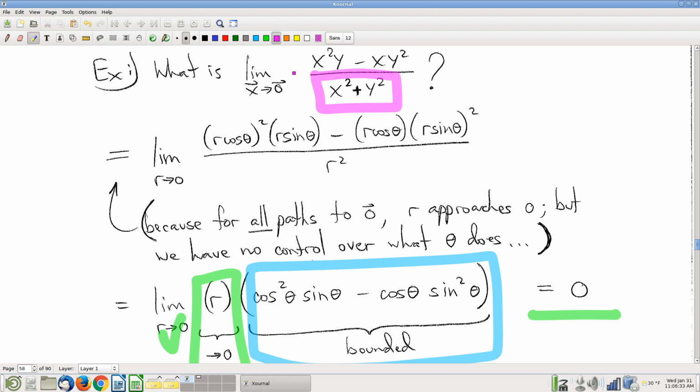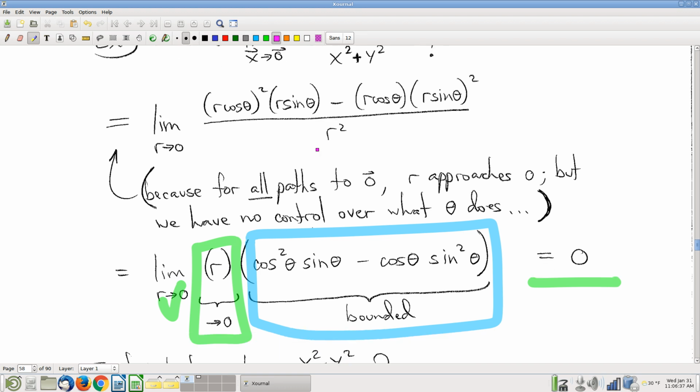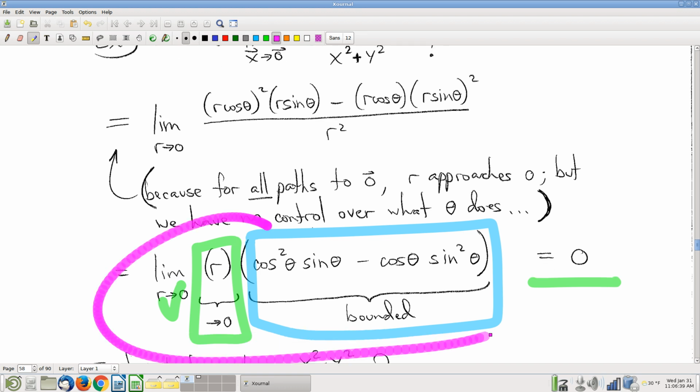But there's that, and don't forget as well, it is very important to have an argument that you can address. You can't just say, "Oh, this is approaching 0, so I don't care what this is." If this isn't bounded, you've got no argument, right? Because what if it was r times 1 over theta?